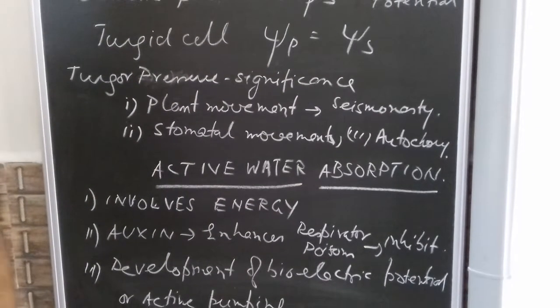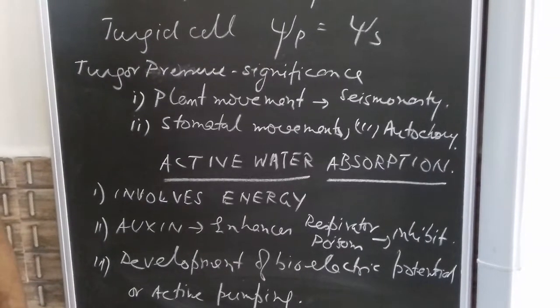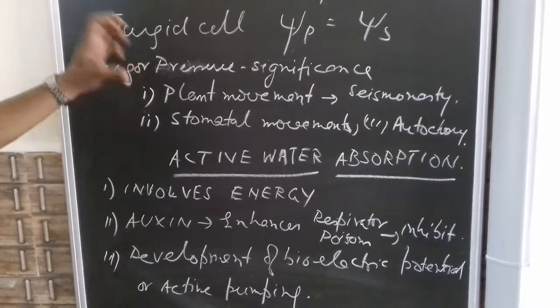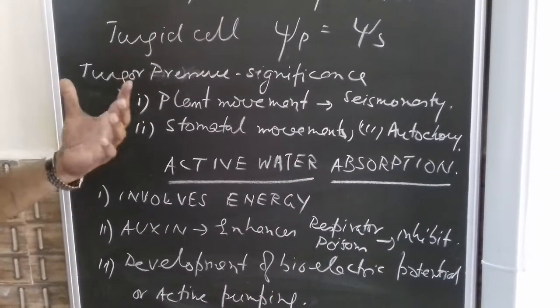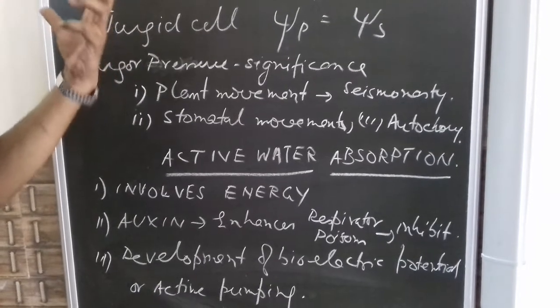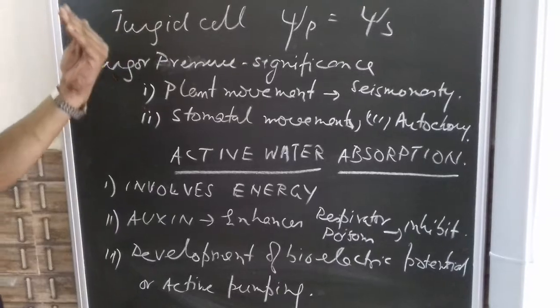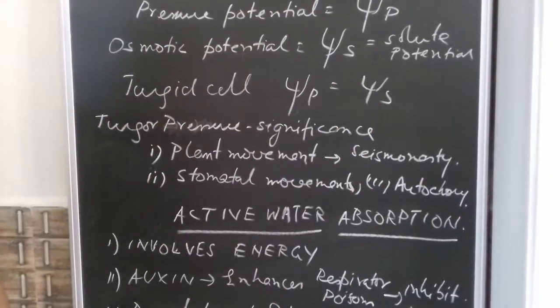Now active water absorption is seen in some plants. Generally it involves energy. The movement of the water takes place against the gradient of the solution. That means generally any substance, say the solvent, moves from the higher concentration of solvent to the lower concentration of solvent.